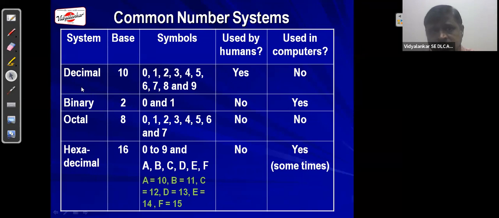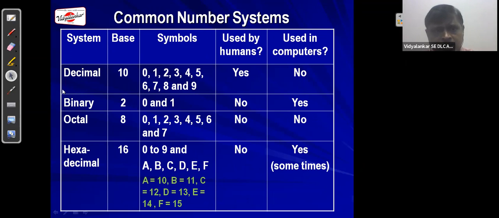Second is binary, base is 2. Only 2 symbols, 0 and 1. This is normally called bits. These are the most common. This is human and this is machine. Here human is talking, here machine is talking.